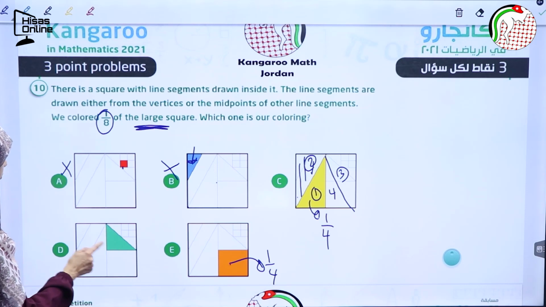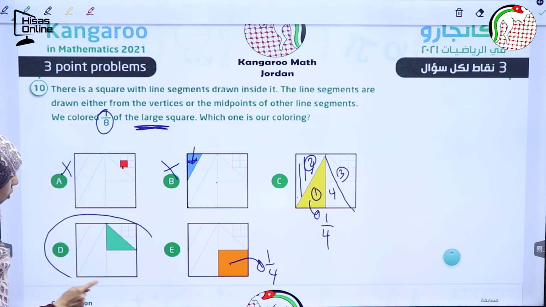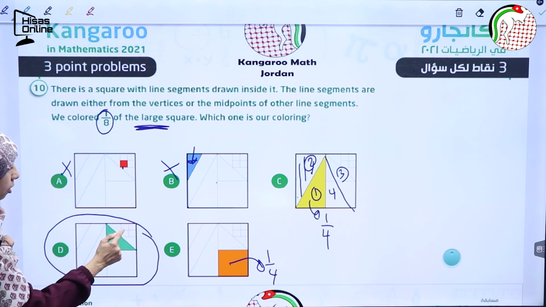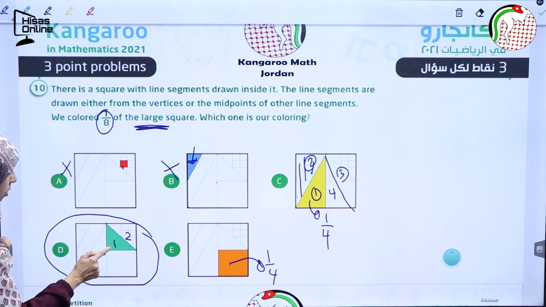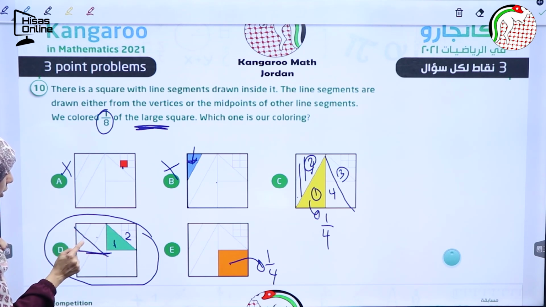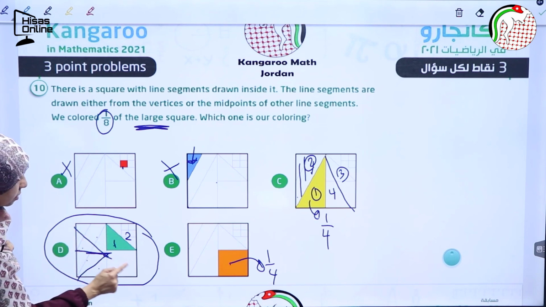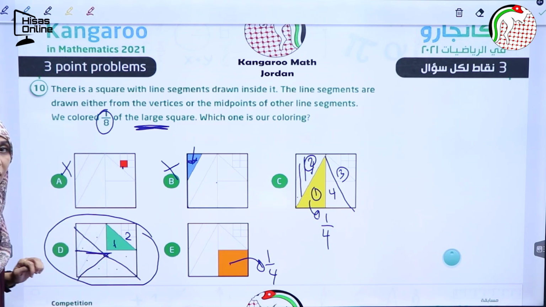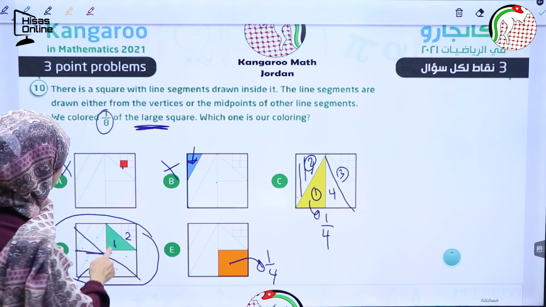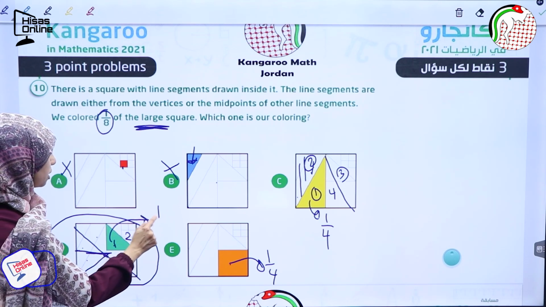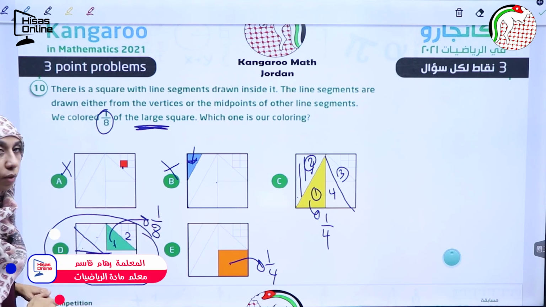So this one would be the right answer, but let's explain why. This one, 1. The other part, which is 2. Imagine the line here. Again, 1, 2, 3, 4, 5, 6, 7, and 8. So those are 8 equal parts, and we can tell that this green part is 1/8 of the square.